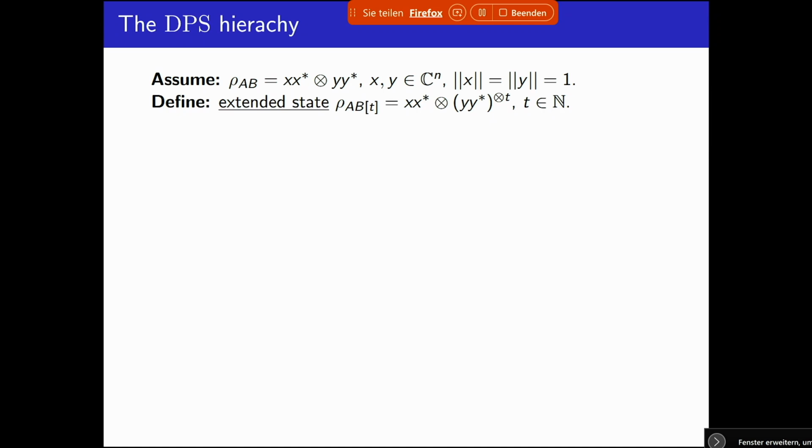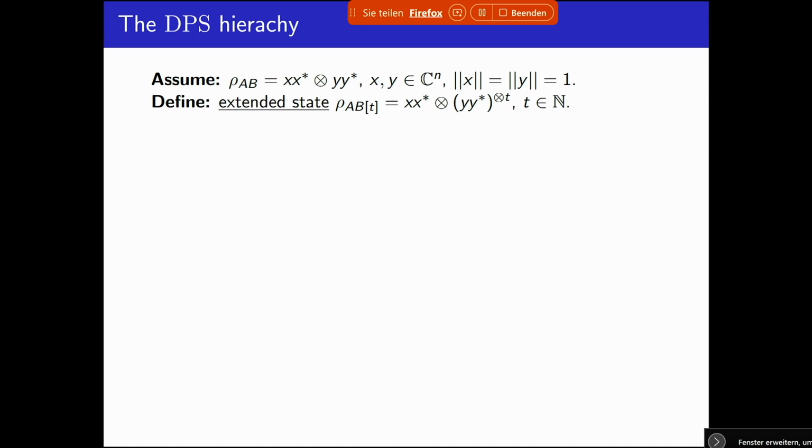So the notation is such that, okay, the rho AB means we have an A part, we have a B part. So the A part acts on the first copy of C to the n. The B part acts on the second copy of C to the n. And whatever happens in the B part, we just tensor t times. So we take this yy star and we tensor it an additional t minus 1 times to the state. And this is what we call the extended state.